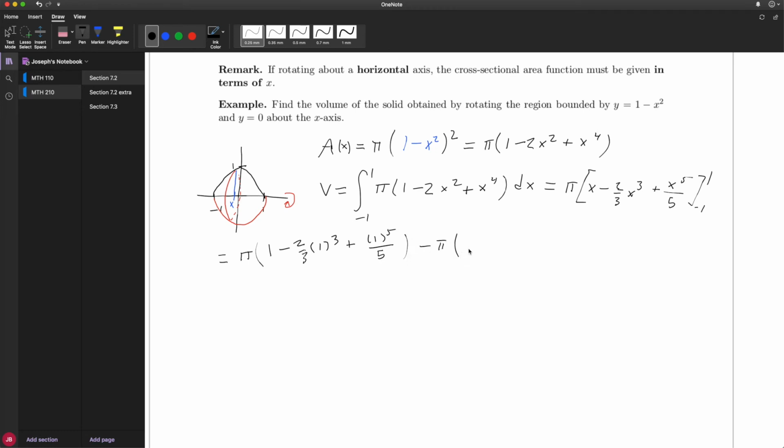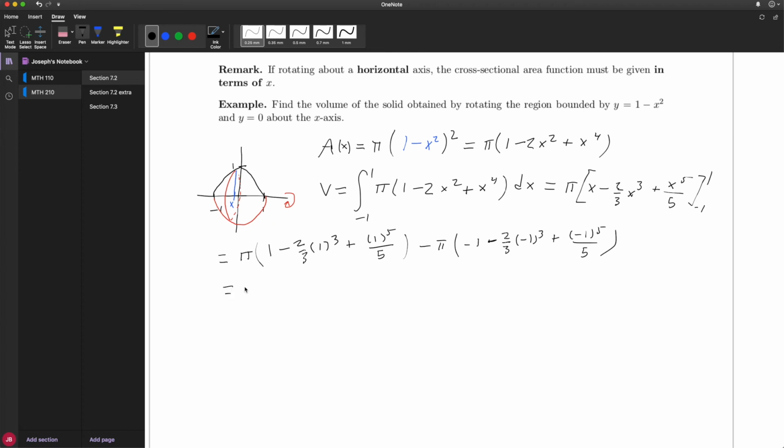You notice this pi is still out front of this parenthesis here, and plug in negative 1, so minus 2 over 3 times minus 1 cubed plus minus 1 to the 5th over 5. Okay, let's simplify within each parentheses here.